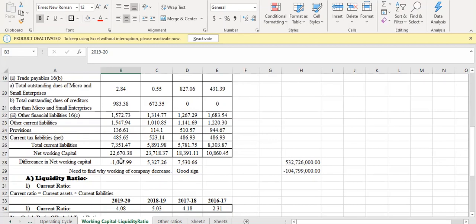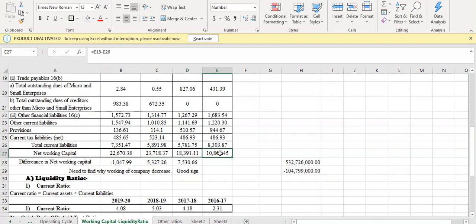Second interpretation, we have to write a trend analysis of working capital: whether it is showing increasing numbers or decreasing numbers, or in any year it decreases or fluctuates. That trend you have to see and write in an interpretation.